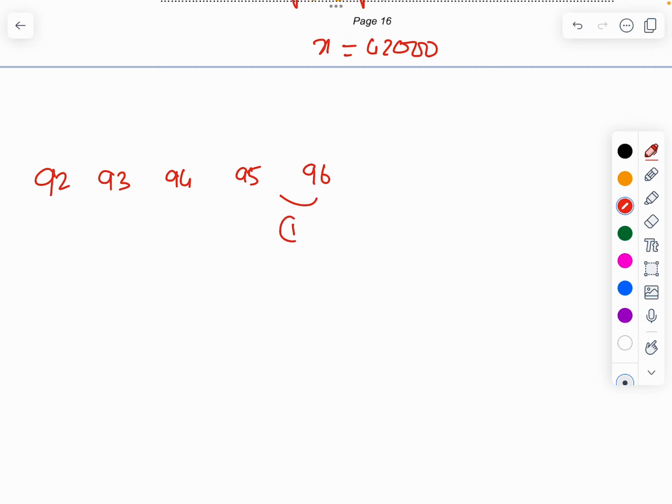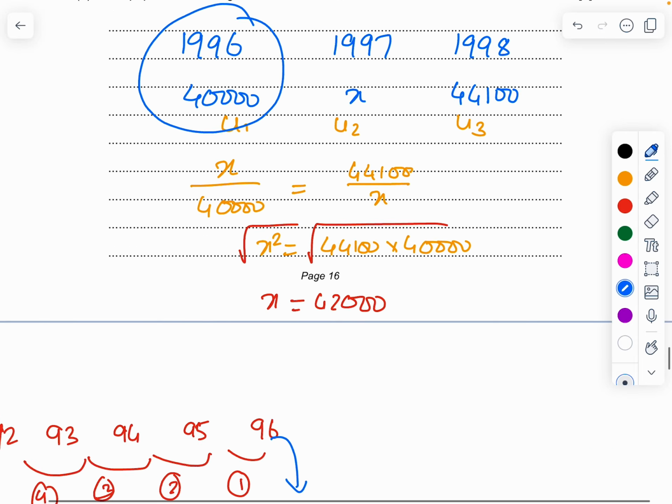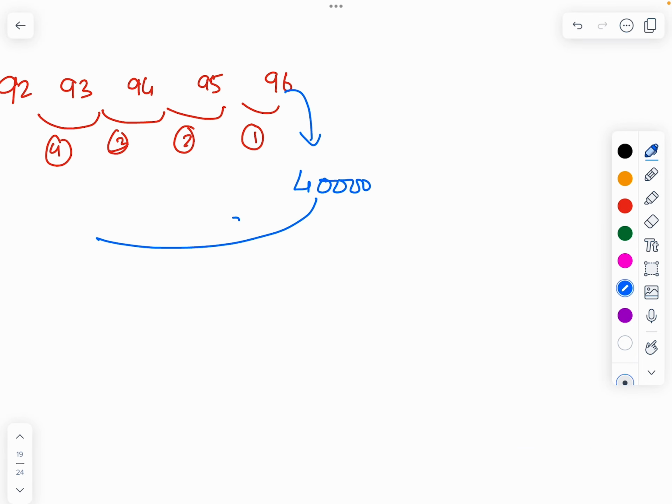So 1 year is over here, second year is over here, third year is over here, and the fourth year over here. So after 4 years, so 4 years before. So now we know that at 96 it was 40,000. So 4 years before. You're going backwards.